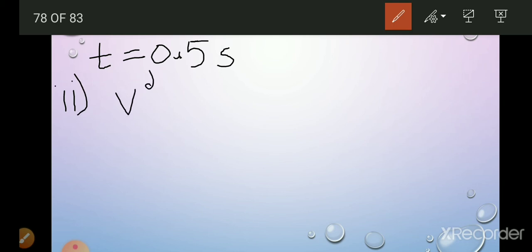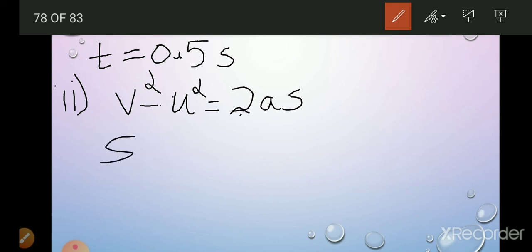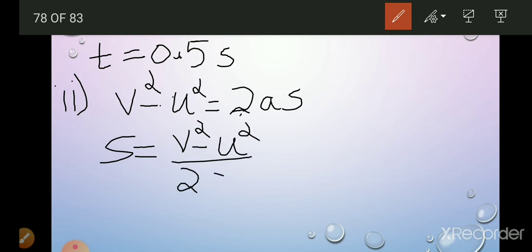The third equation is v square minus u square equal to 2as. So if you substitute, s is equal to v square minus u square divided by 2a. Now let us substitute.